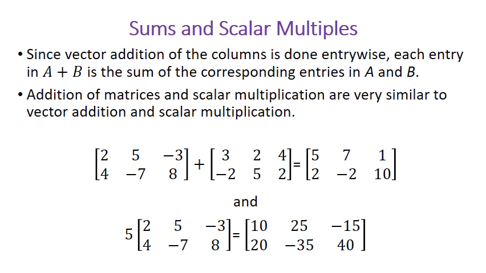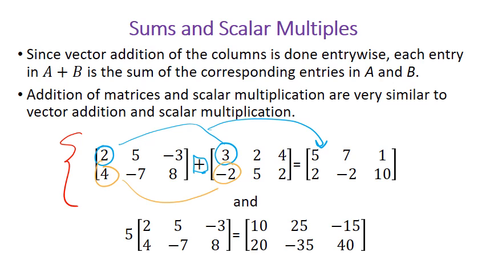Sums and scalar multiples. Basically what this is saying is if you add or subtract matrices, they must have the same dimensions, because what you're doing is you are adding or subtracting corresponding entries. So if we're adding these two matrices here, you will add the corresponding entries since we have addition.